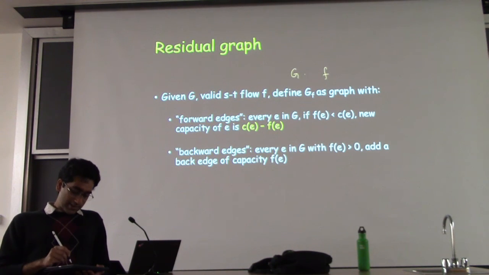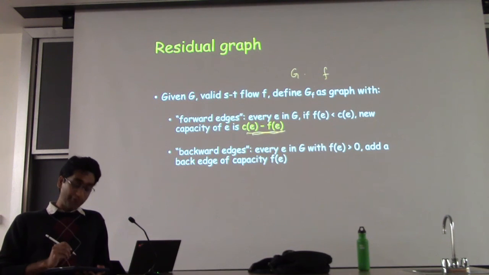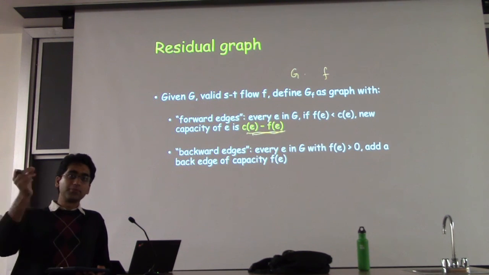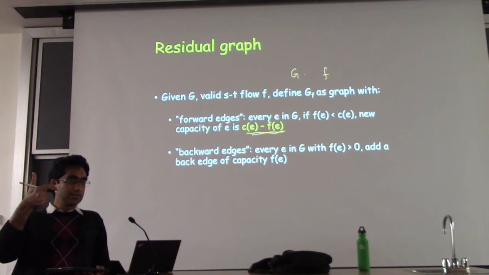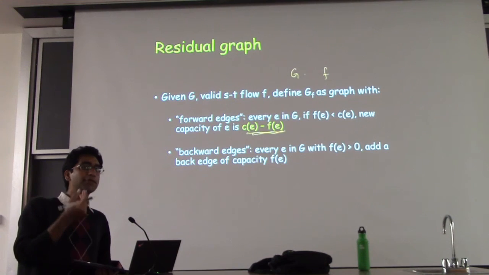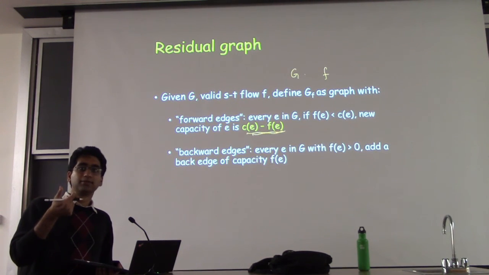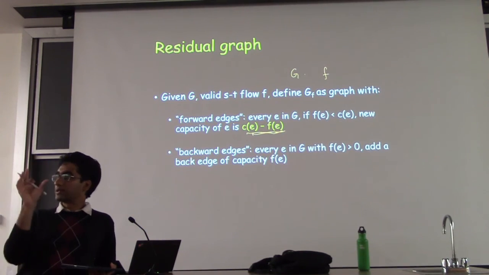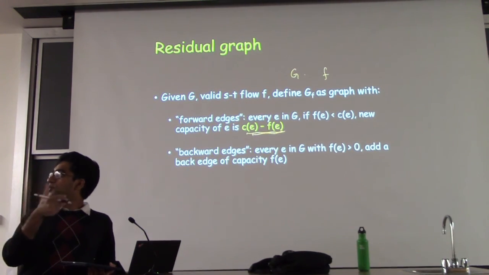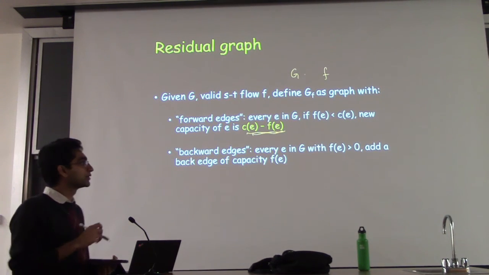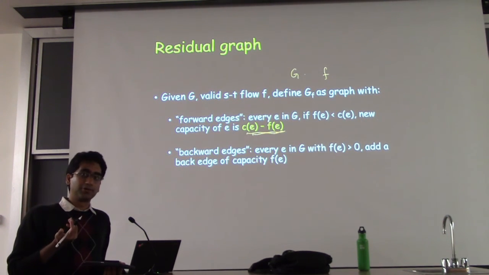If the capacity originally was c of e, now you will make the capacity c of e minus f of e. If the flow f sent some f of e units of flow along that edge, then you reduce the capacity. So this is the leftover capacity for that edge, because initially it had some capacity and you used up some part of it. So c of e minus f of e is very natural.